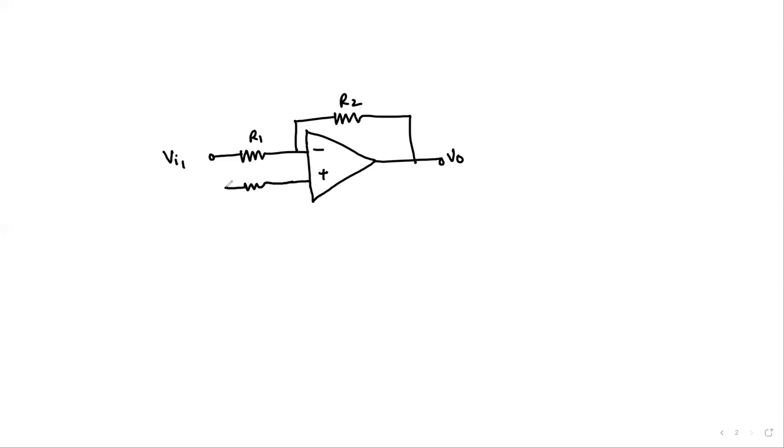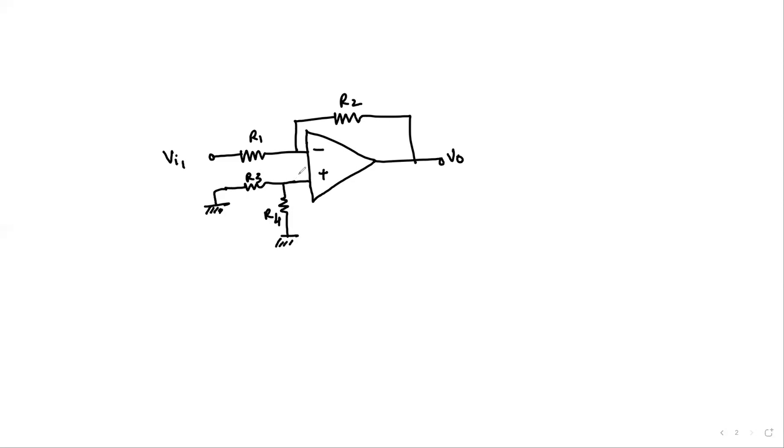We do this arrangement where we have short circuited or removed the voltage source, so VI2 is 0. And this is how we have this combination.